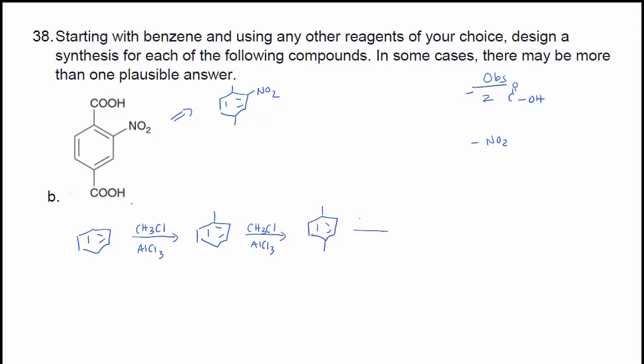Then add your nitro group, which is forced to the ortho position. And then to get to the last step here, we can use the Jones reagent. Questions on that one?